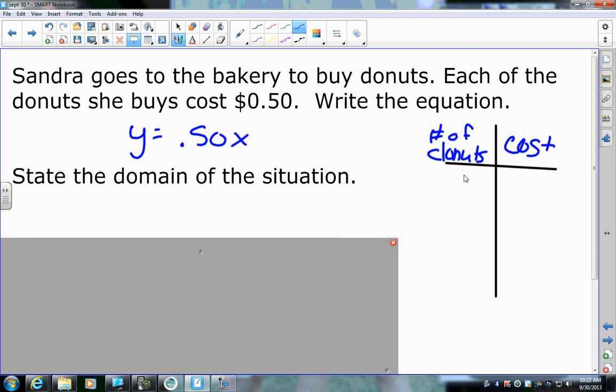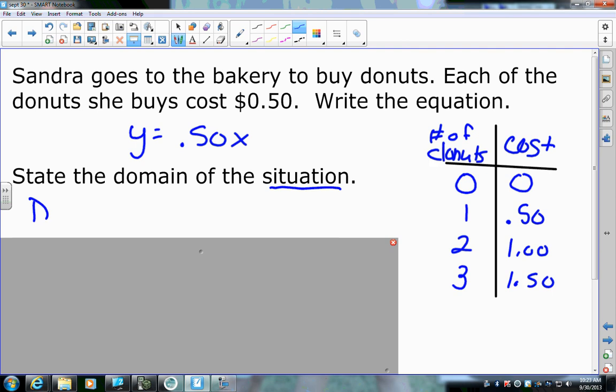Discrete. So I'm going to either have 0 donuts, 1, 2, 3. And then my cost, if you buy 0 donuts, you don't pay anything. 1 donut is 50 cents. 2 donuts cost you $1. 3 donuts cost you $1.50. Okay, so when we're talking about the domain of the situation, it means the donut problem right now.